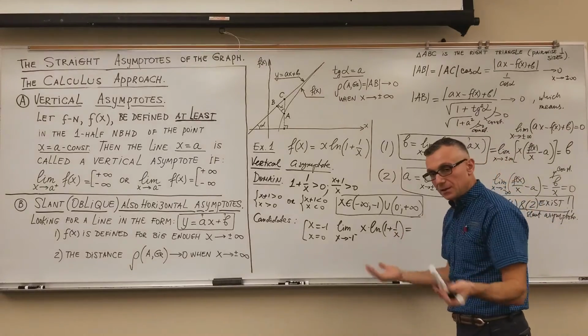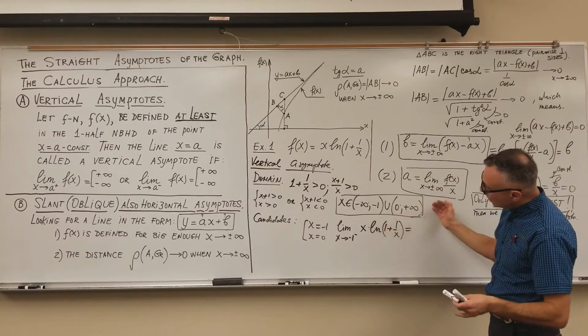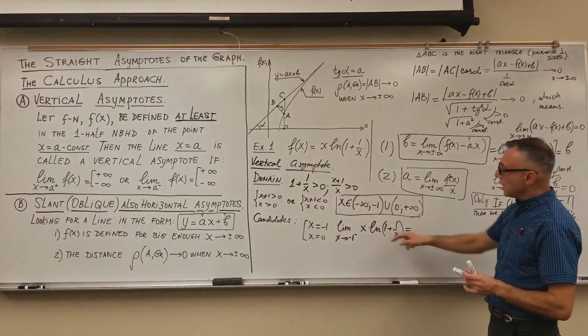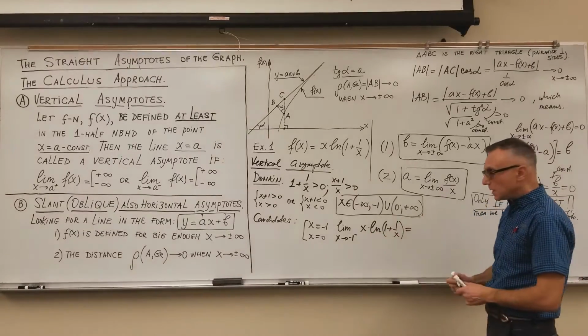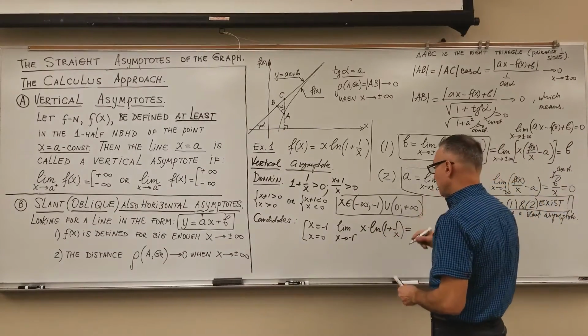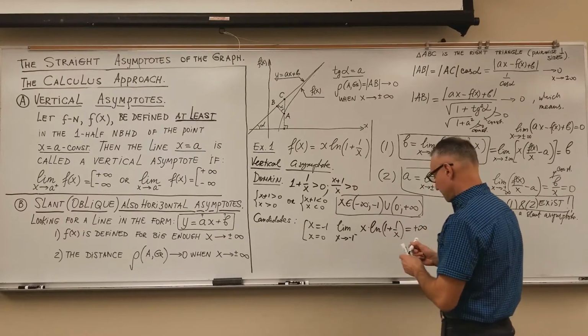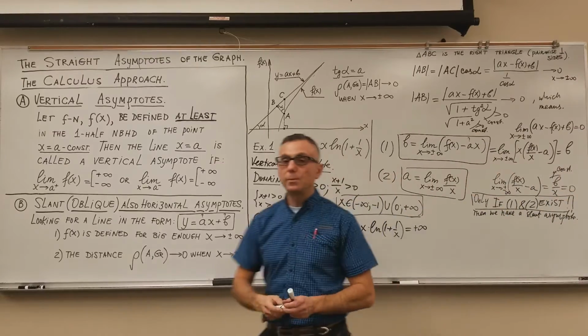Exactly, that's in the domain of the log. So the log of that value will go to minus infinity, and x goes to minus 1. So minus 1 times minus infinity goes to plus infinity. Your limit goes to plus infinity.